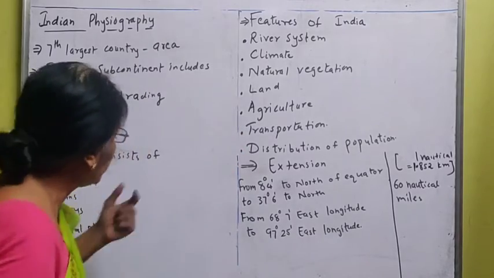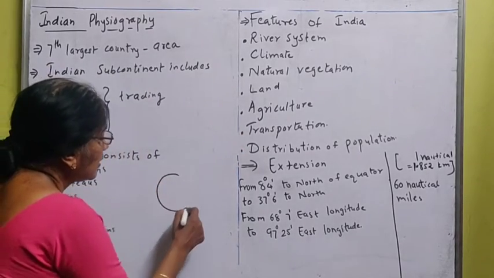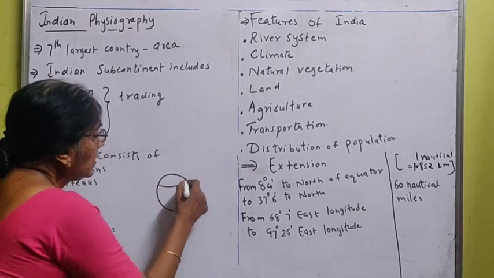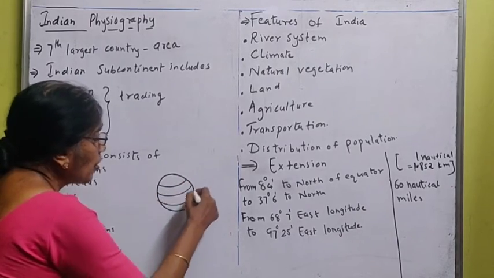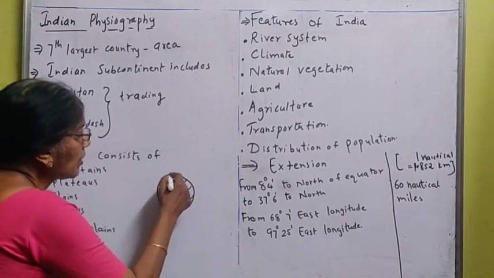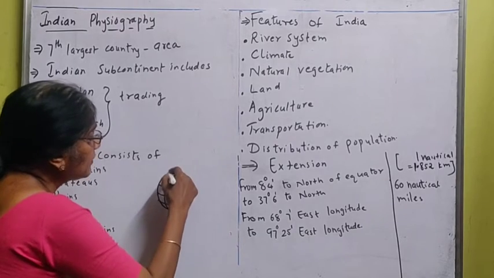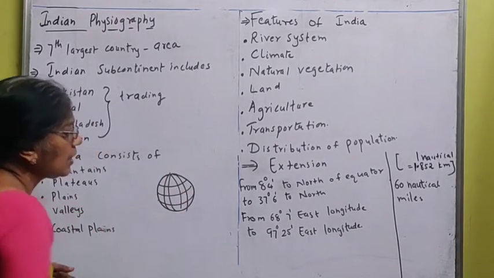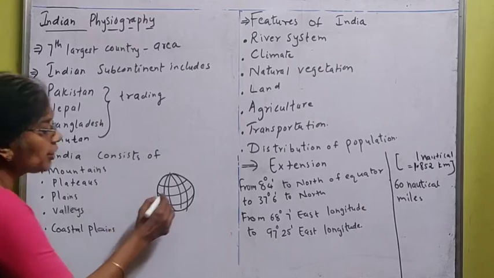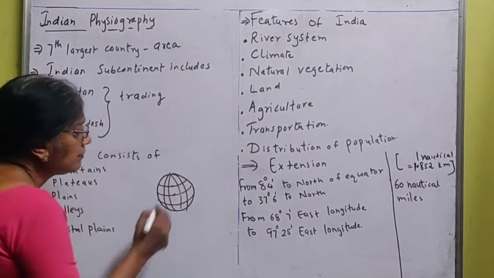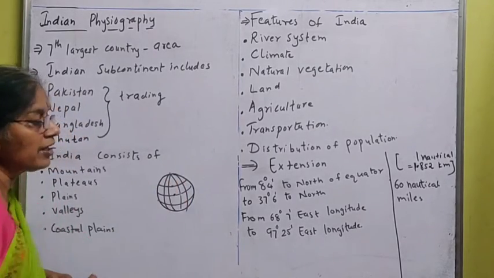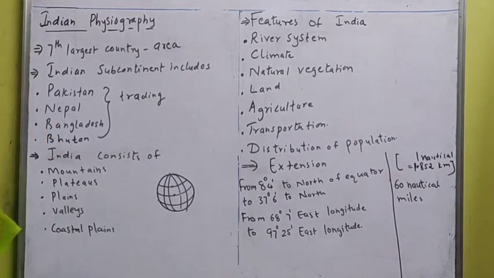So if you take the earth, the horizontal lines which we draw are called latitudes, and the vertical lines which we draw are called longitudes. So latitude distance is measured in the form of degrees and minutes.